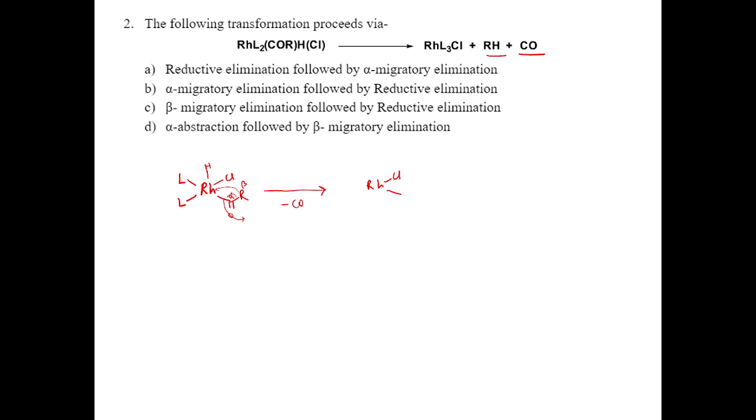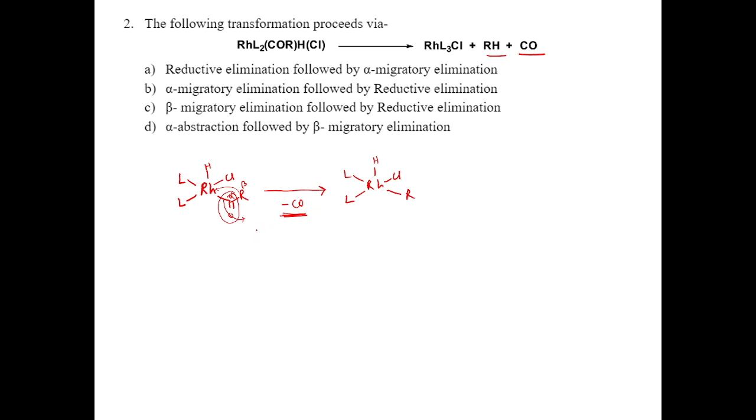RHCl, R, this type of thing, right? So CO is in the alpha position. So the carbon monoxide is releasing from the complex.